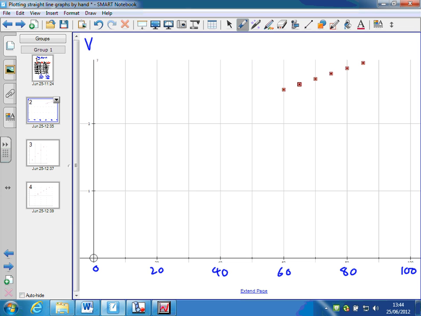So this is volume times 10 to the minus 3 milliliters, and this is temperature in degrees centigrade. So don't forget to label the axes.